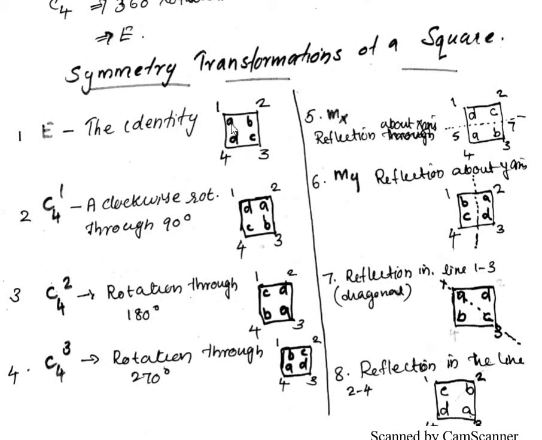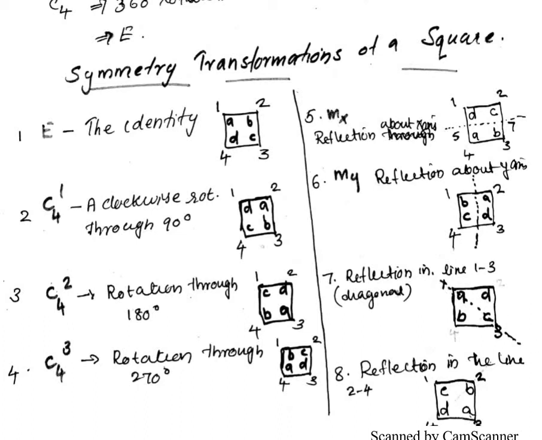Along with the rotation, a square has another 4 symmetric operations, that are 4 reflections that also make the square unchanged. So they are reflection through the x-axis, that is we can reflect the square along the x-axis and it remains unchanged, or reflection about the y-axis, which also leaves the square unchanged, and another reflection is reflection through the diagonal elements.